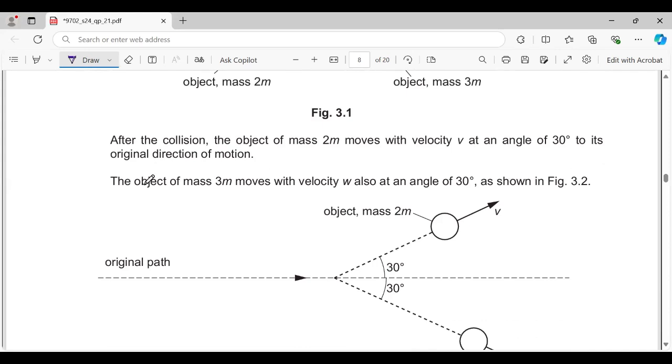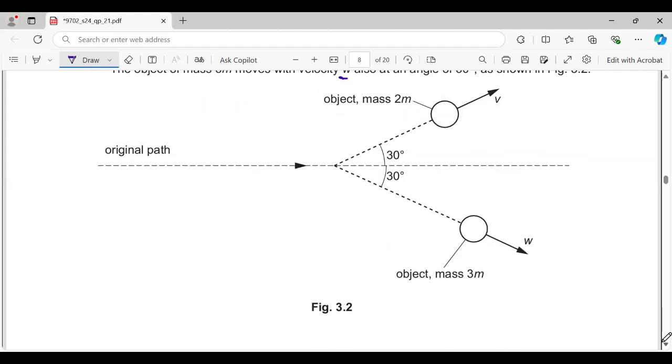As well, the object of mass 3m moves downward with velocity w, also at an angle of 30, as shown in figure 3.2.